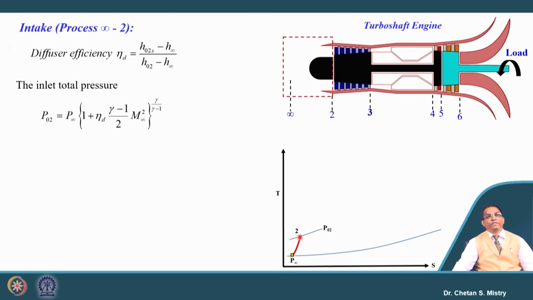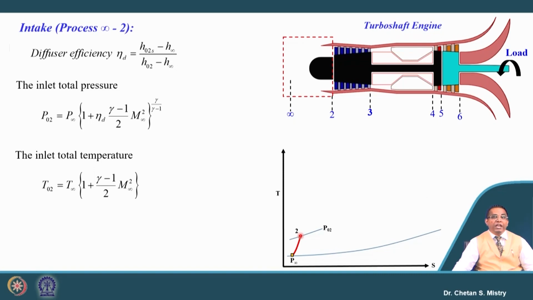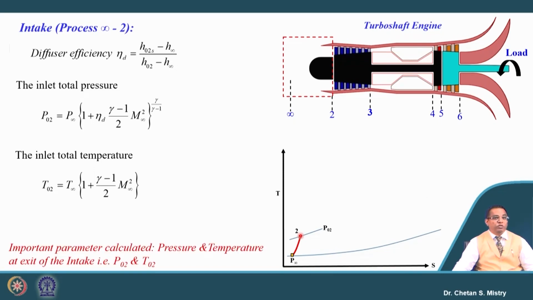From that diffuser efficiency, we can calculate the inlet total pressure. Okay. We can calculate the inlet temperature at the entry of our compressor, or we can say the intake exit pressure. So, this gives us an idea in terms of calculating total pressure and total temperature at the entry of the compressor, or at the exit of our intake.